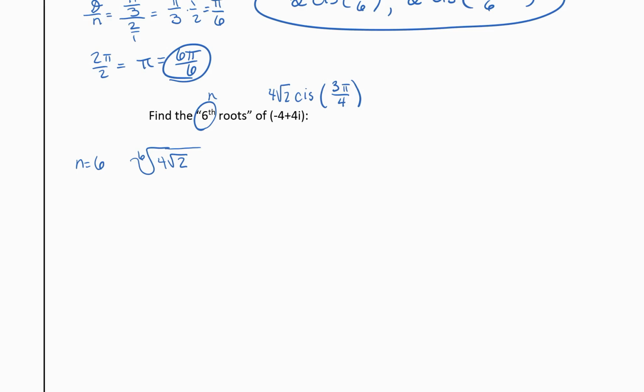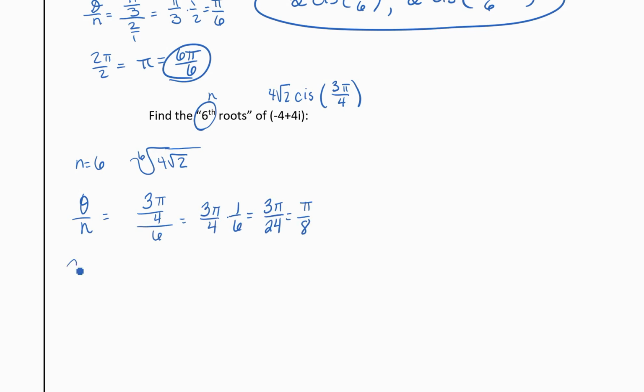And then theta over n would be 3 pi over 4 over 6. So we'd take 3 pi over 4 times 1/6. So we'd have 3 pi over 24, which we can reduce down to pi over 8.